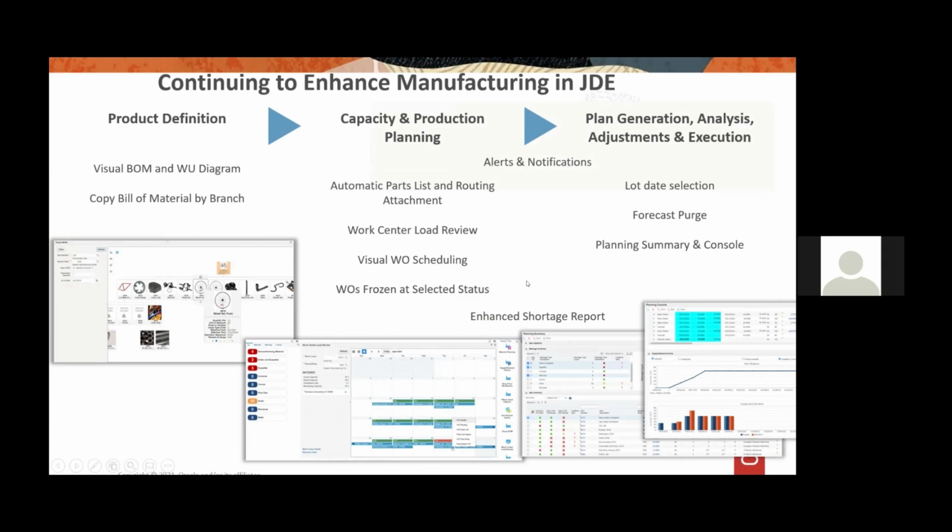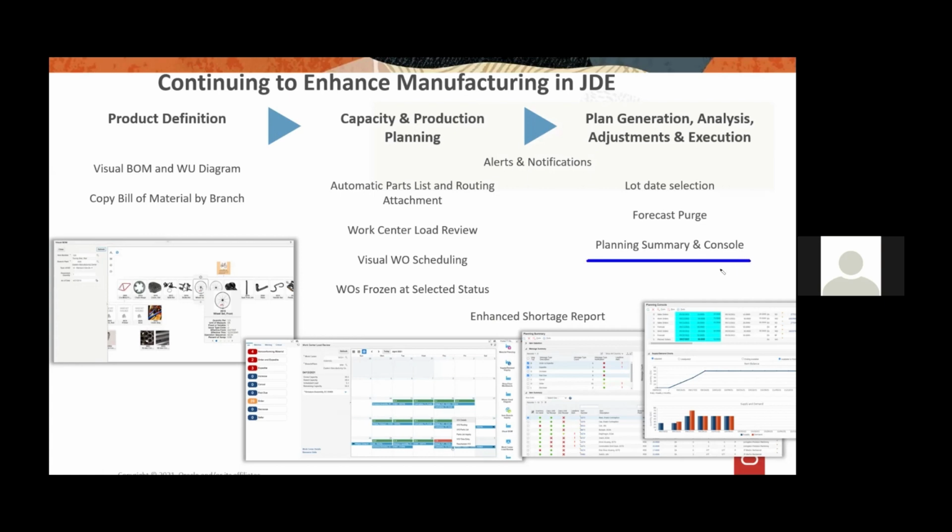That one's been out there for a little bit, but what they are doing, like with this one we're going to show today, the planning summary and console, which is for requirements planning, is now being offered rewritten in JET, Java Extension Toolkit, so no more ADF server is required.